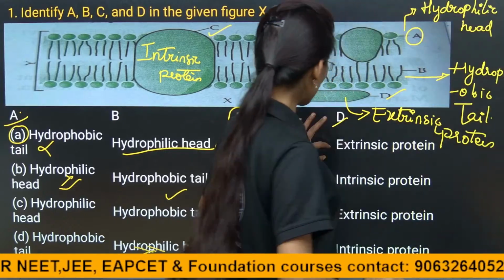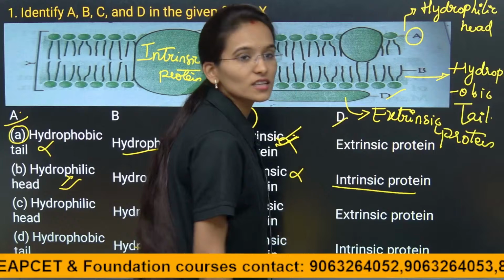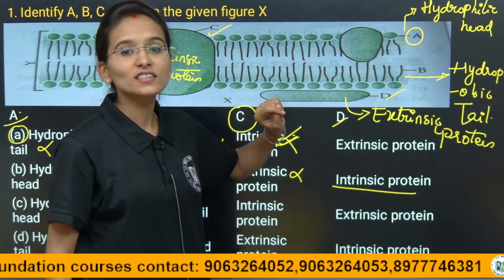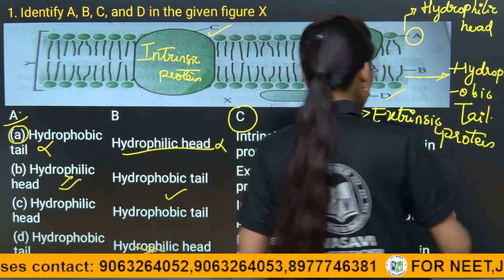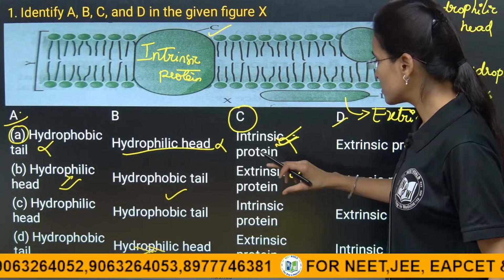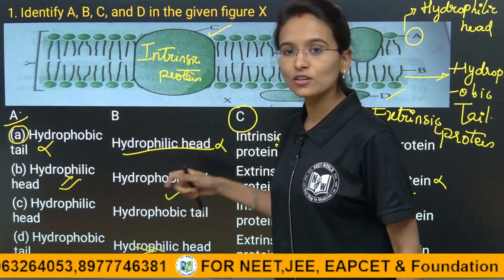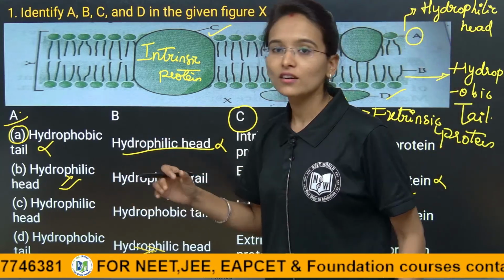And next coming towards the D. D is intrinsic protein. Okay, actually in the plasma membrane structure, the D represents what, children? The D represents the extrinsic protein but not intrinsic protein. So this option is also wrong. Here also we have classified and we have cleared the two options are correct and two options are incorrect. So this option B is also going to be a wrong option.